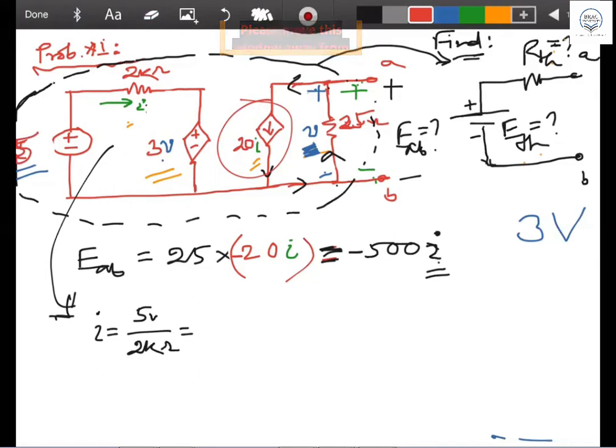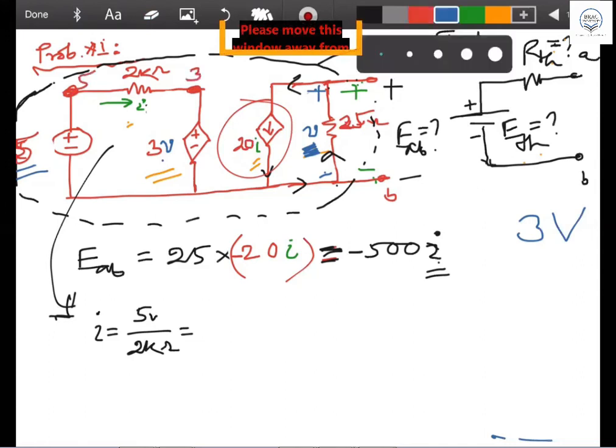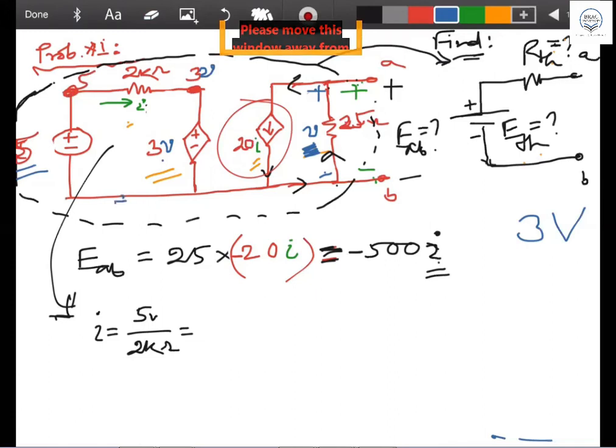So, okay, fine. You are telling like this. What your friend said: at this point, this is 5 volt and this one is 3V, where V is the variable. So this is 5 volt with respect to ground, and this is 3V.